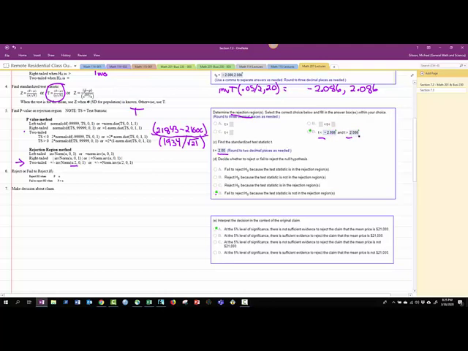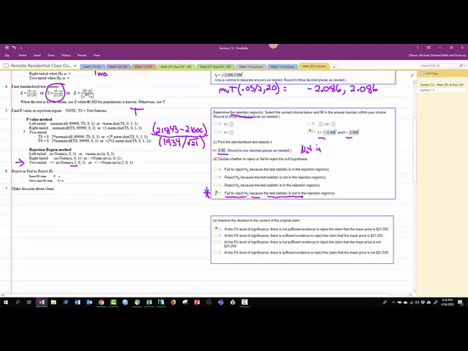Or greater than 2.086. Well, 2 is close to that, right? But it's not greater than that, right? It's less than that. So our test statistic is not in the rejection region. It's not in, right? And that's why this one is the answer. It's not in, so we're going to fail to reject because the test statistic is not in the rejection region.